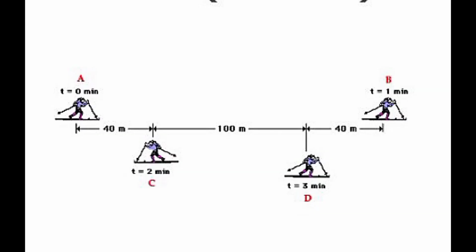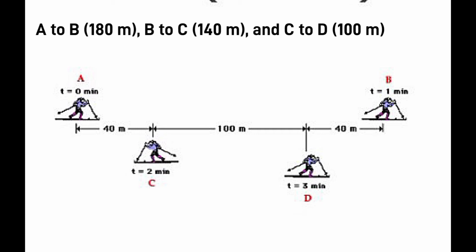Now, consider another example. The diagram shows the position of a cross-country skier at various times. At each of the indicated times the skier turns around and reverses the direction of travel. In other words, the skier moves from A to B of 180 meters, B to C of 140 meters, and C to D of 100 meters.